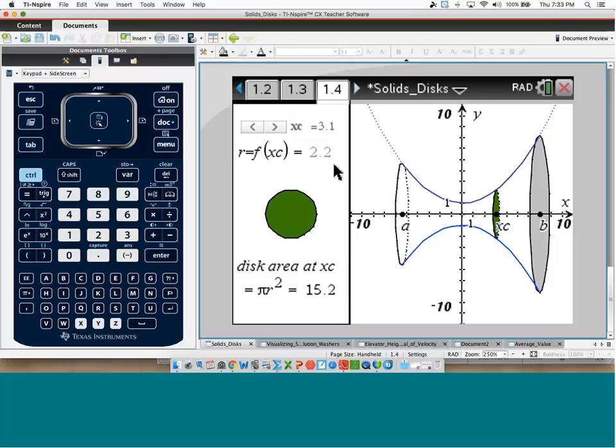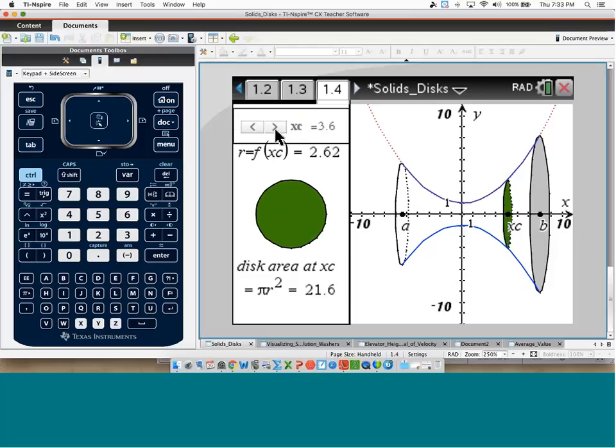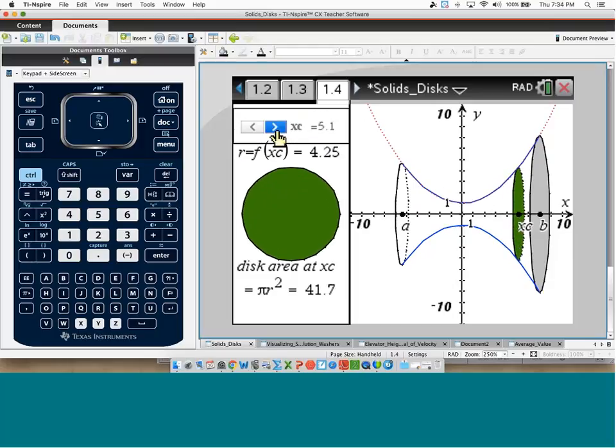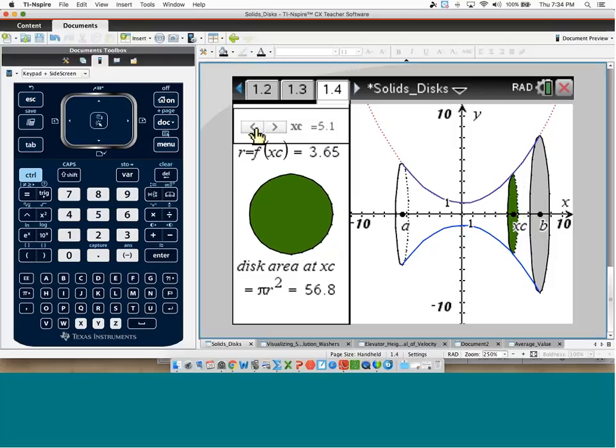I can see everything that I need to be seeing, connecting the disk area to what I'm looking at for my solid. And it really does align with what's happening on the screen. As you're clicking XC, that point is moving horizontally. XC is moving horizontally, so the slider physically aligns with it. It's just something we noticed as we were playing with this last night.